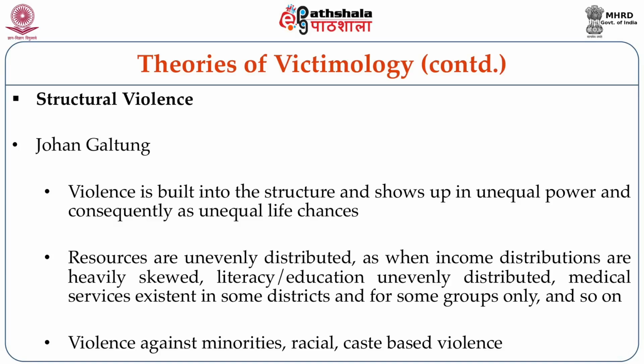When this happens to such groups of people, it reduces their life chances in comparison to the dominant sections of society. And reduced life chances in turn makes them more vulnerable to other kinds of violence.